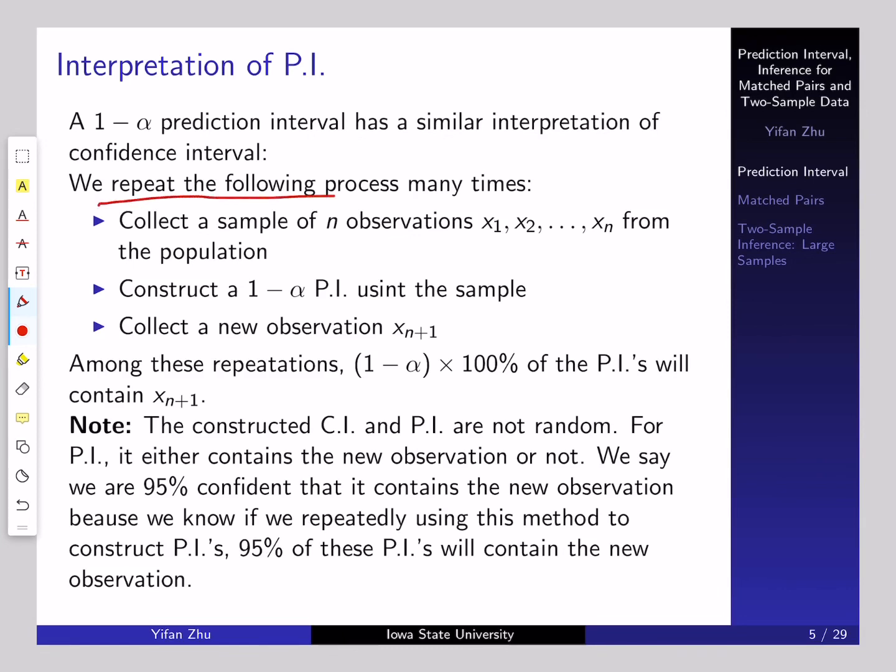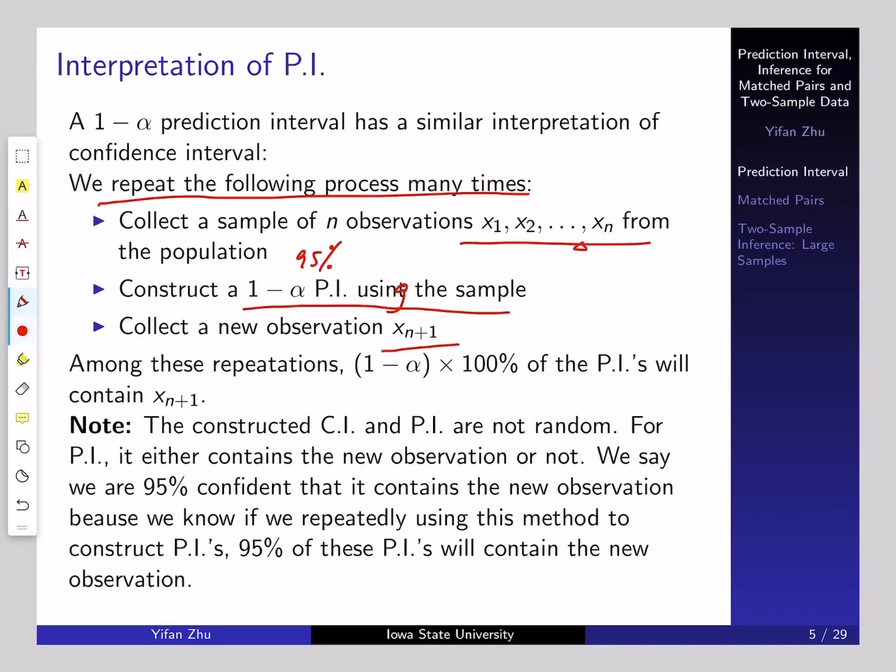We will repeat the following process many times. We get one sample from the population, with n observations in the sample. Then we construct a 1 minus alpha prediction interval, for example a 95% prediction interval, using this one sample. And then we collect a new observation, x n plus 1.